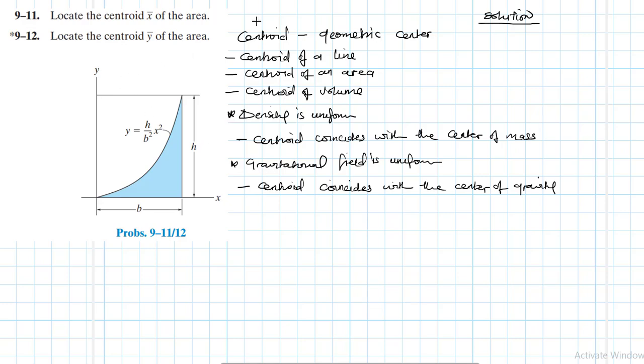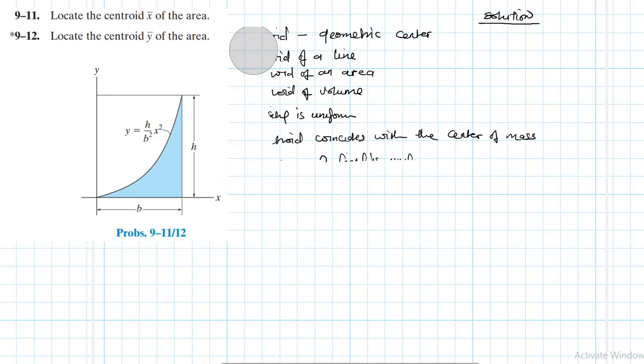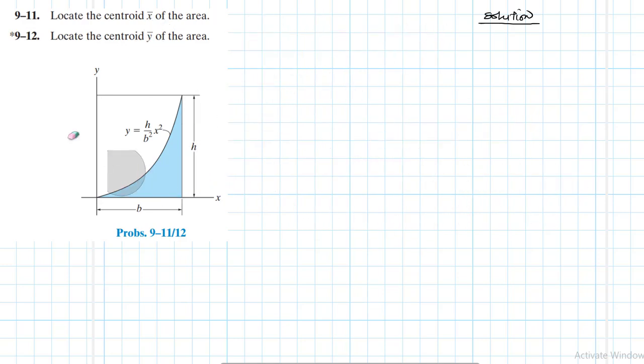So we want now to start solving. To start with, we are going to find the centroid along the x-axis, which we are calling x bar. So we are going to cut a small area in this direction like this.